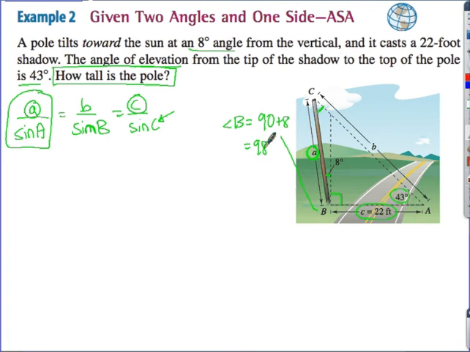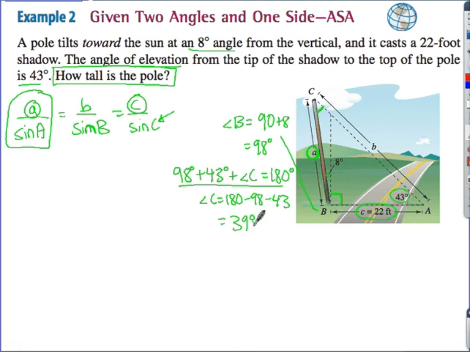Okay, well, if B is 98 degrees and A is 43, that means we have 98 degrees plus 43 degrees plus angle C in total, because they make up a triangle, must be 180 degrees. Okay, so let's do a little bit of math here. Angle C equals 180 minus 98 minus 43. And that is 39 degrees. Okay, so we have angle C.